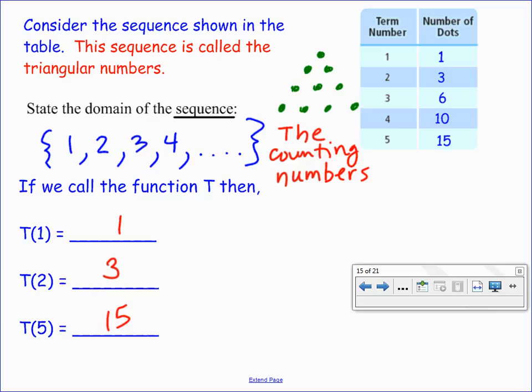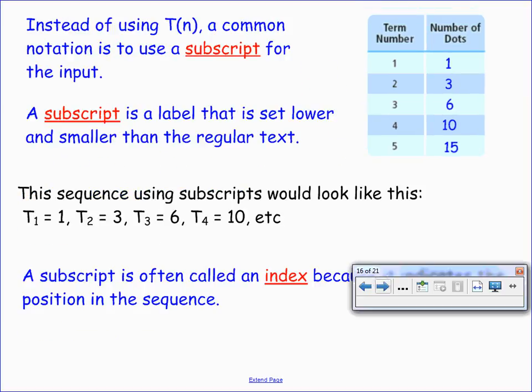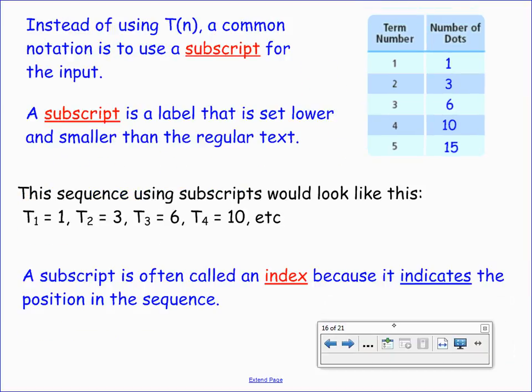That function notation, that Euler notation, is typically reserved for continuous functions, but not always. Sequences oftentimes have their own notation, which means the same thing. We just use subscripts. Instead of the parentheses in that function notation, that Euler notation we talked about last unit, oftentimes sequences use subscripts for their notation. So instead of using T of n, a common notation is a subscript for the input.